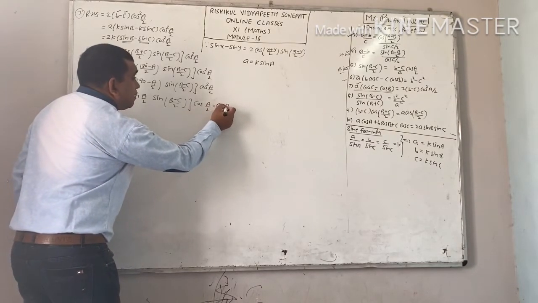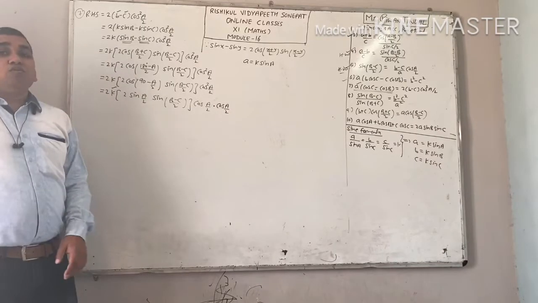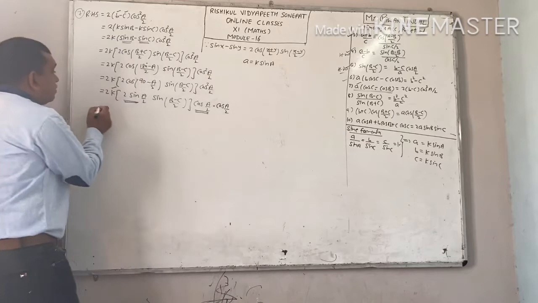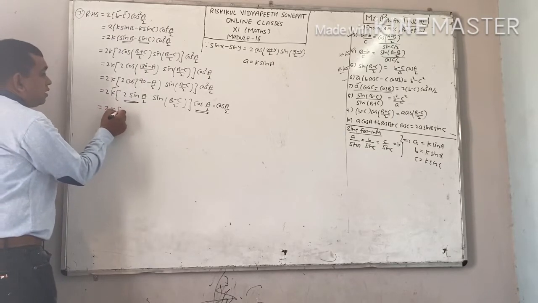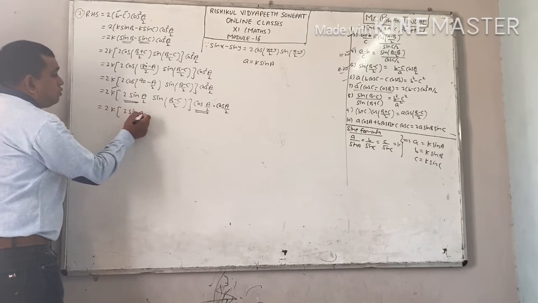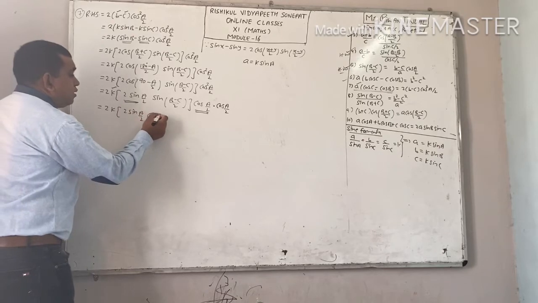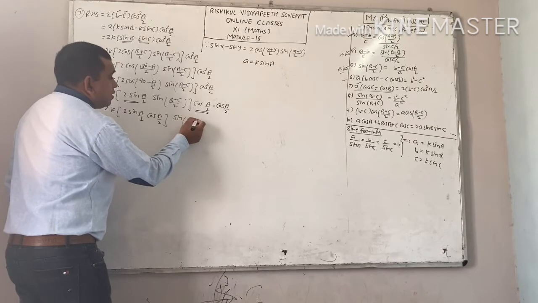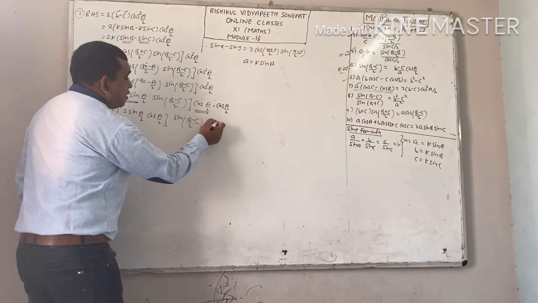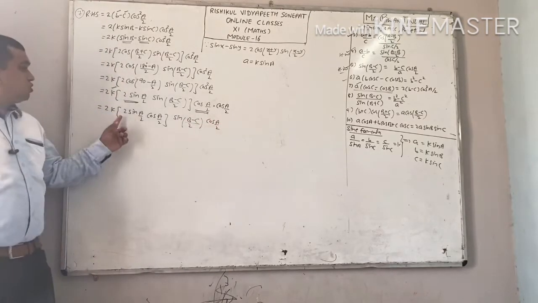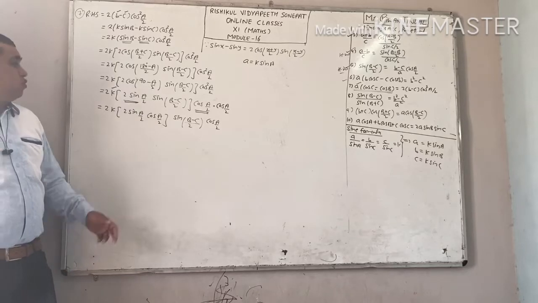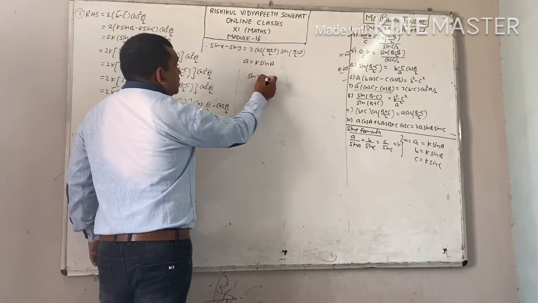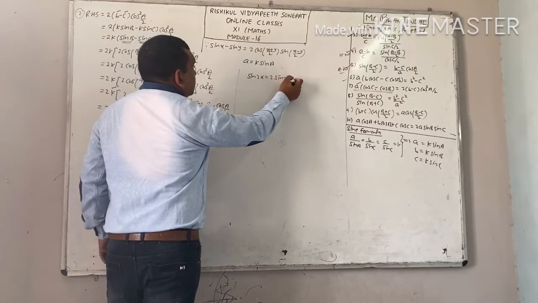Write cos square A by 2 as cos A by 2 into cos A by 2. Combine these two terms. See what you get: 2k, 2 sin A by 2 cos A by 2. Write this term outside. Now 2 sin A by 2 cos A by 2: I told you the formula of sin 2x. Sin 2x equals 2 sin x cos x.